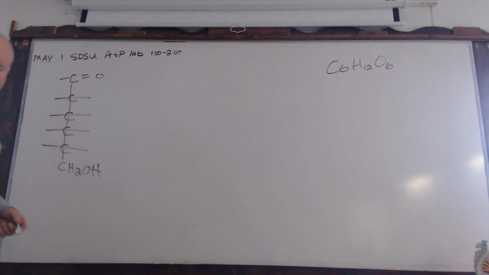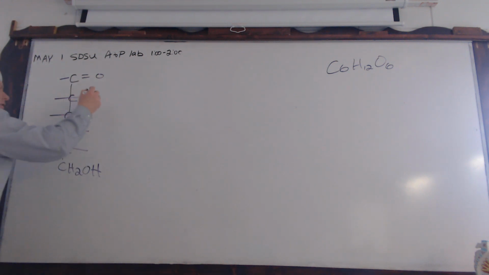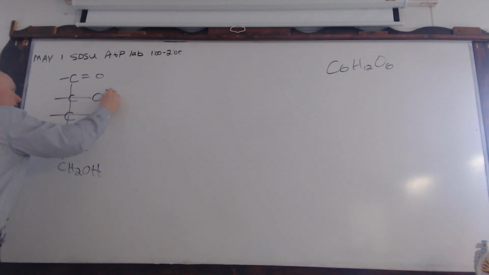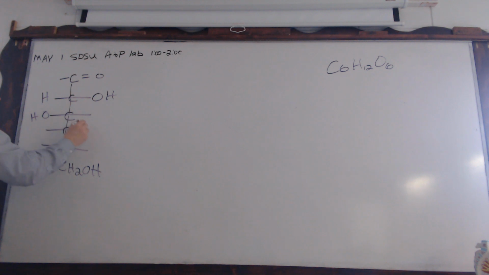So what we do here is some of these have different orientations, like this. Okay, so now we can account for every one of these atoms that are in that formula. Because if we go vertically here, how many carbons do you see?